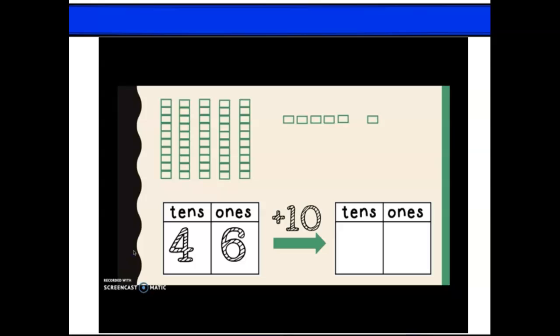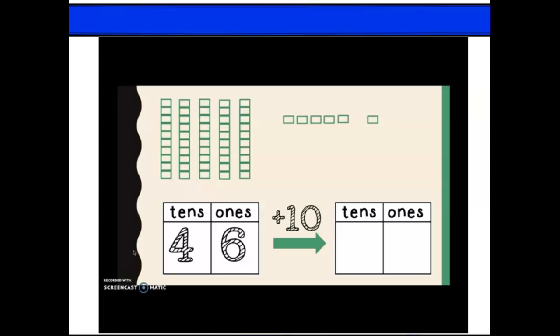Now, as you're figuring out, this is what I'd like you to do. You should have 46 already written down in your math notebook or in your journal. I want you to go ahead and practice drawing that arrow and then writing plus 10 right above it, just like I did. Then I want you to fill in the answer. Press play when you're ready so you can check yourself.